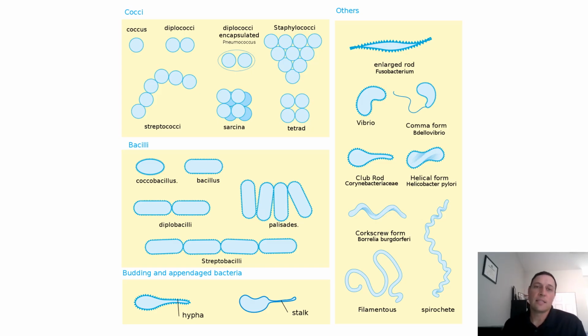If you take a look at the cells to the right of it, you'll notice that now there are two connected to each other. And so we're going to describe that arrangement a bit differently. Rather than it being singular, there's two of them, so we describe them as diplo. And we can put diplococci together to combine the morphology and arrangement.